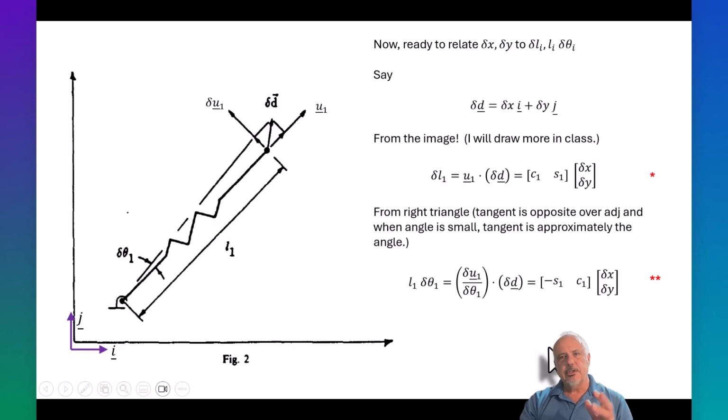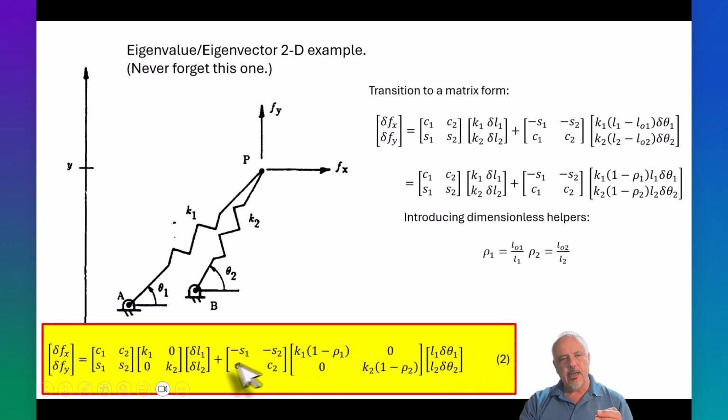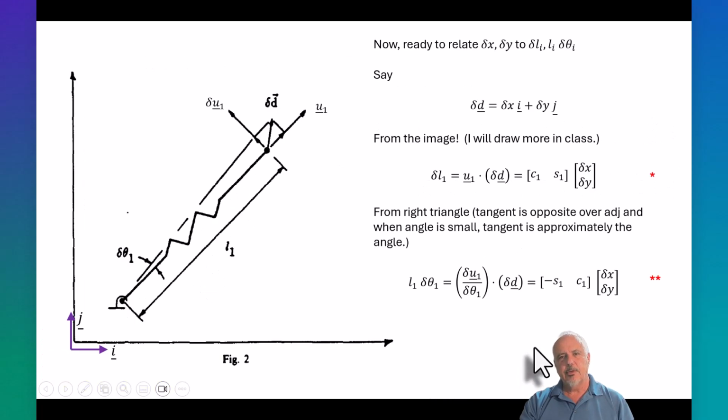All right, so what I need to do now is figure out how to make this look like a delta x and a delta y, and how to make that look like a delta x and delta y. So that's what we're going to do next. We're going to think about a displacement of that point P. I'm just going to show one leg right now, but that displacement of point P is going to displace some of it in the spring direction, and some perpendicular to the spring.